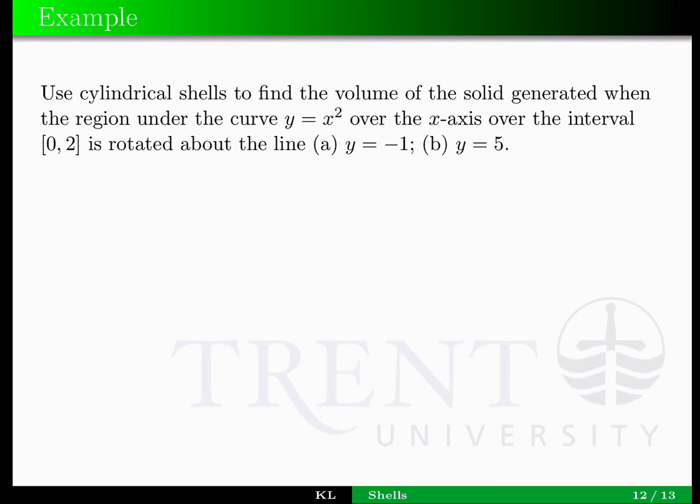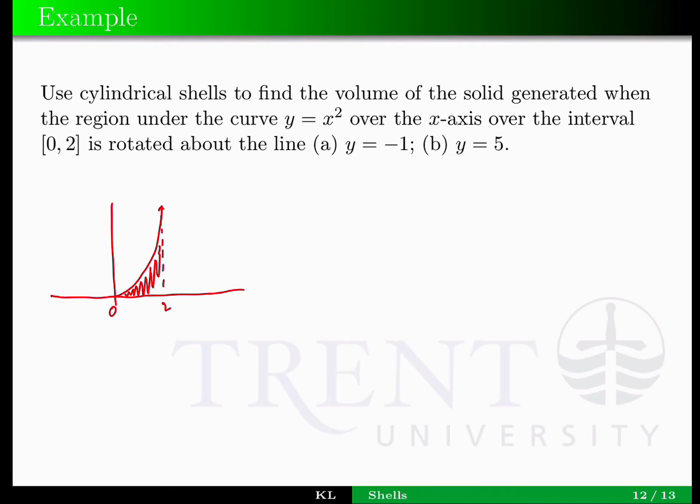The region is under the curve y equals x squared over the interval 0, comma 2. So this is 0, comma 2. So this is our region.